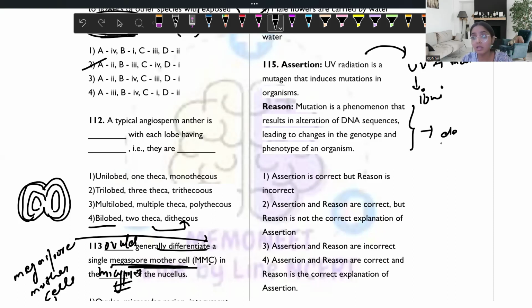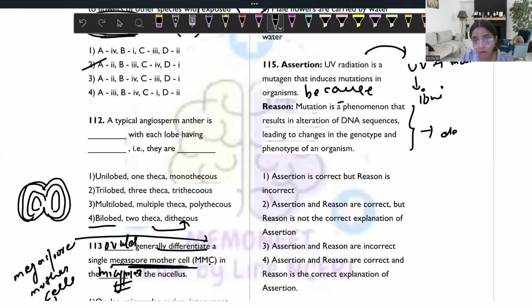Now we have to see whether the reason is correctly explaining the assertion or not. Assertion is saying UV radiation is a mutagen that induces mutation. Whenever you want to solve such a type of question, you should insert a "because" here.